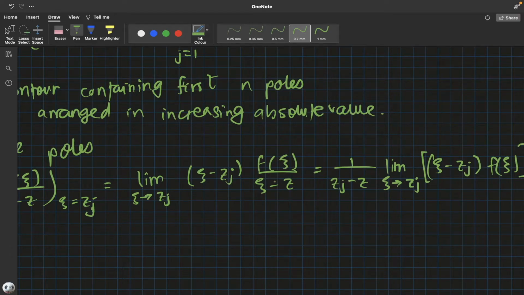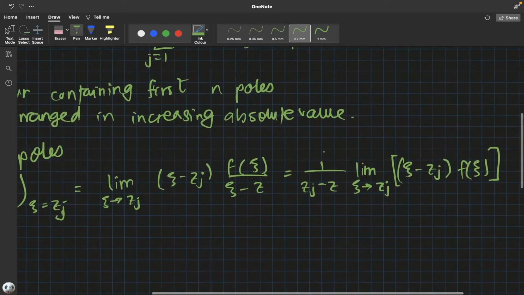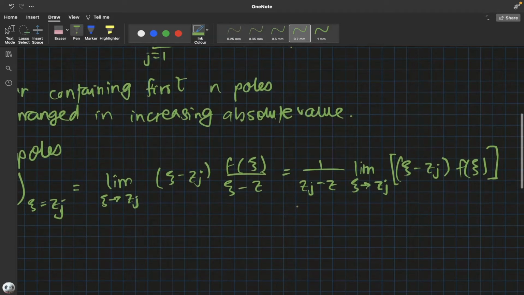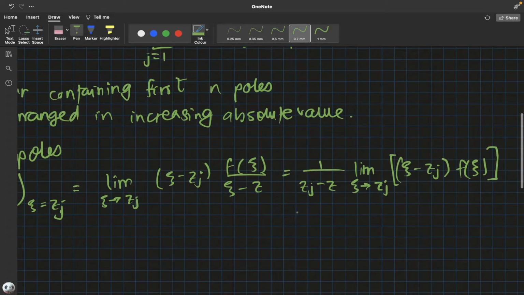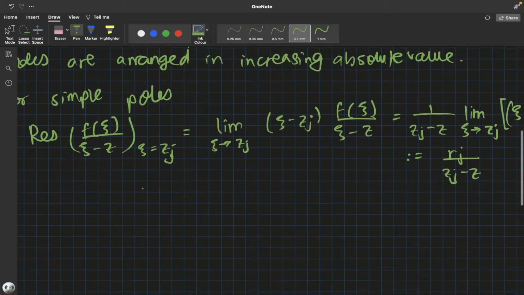What we can do is literally substitute this on top. I'm going to define this as r_j over z_j minus 0. R_j is whatever this entire limit was. It's going to be finite. It has to be finite for this to be well defined.